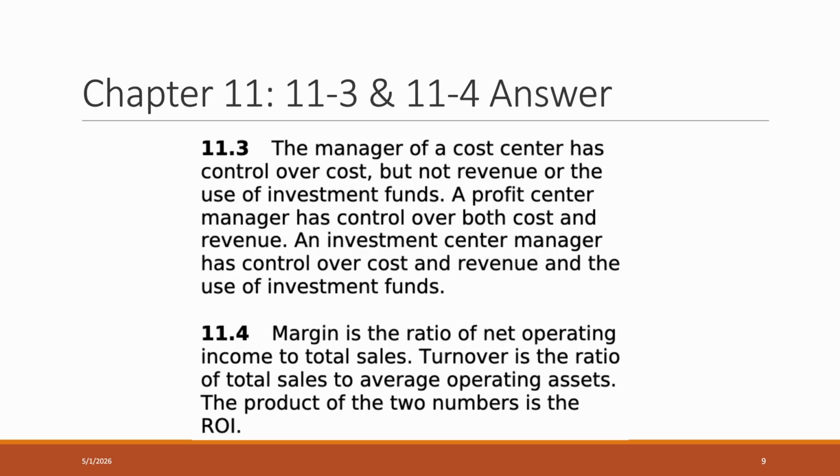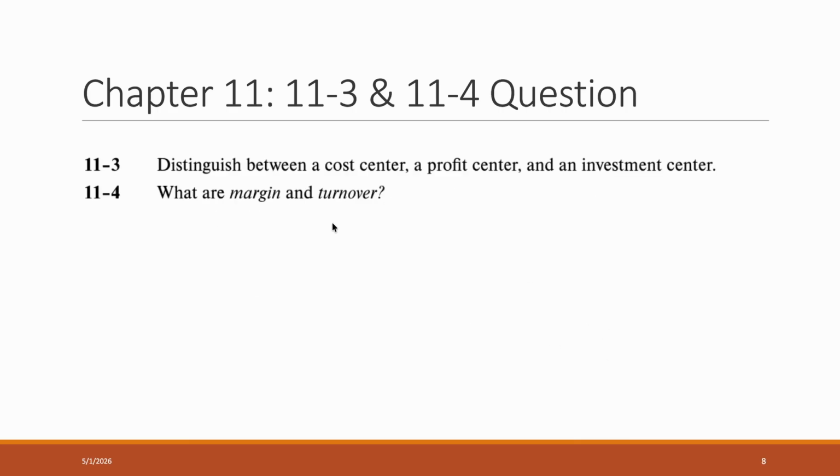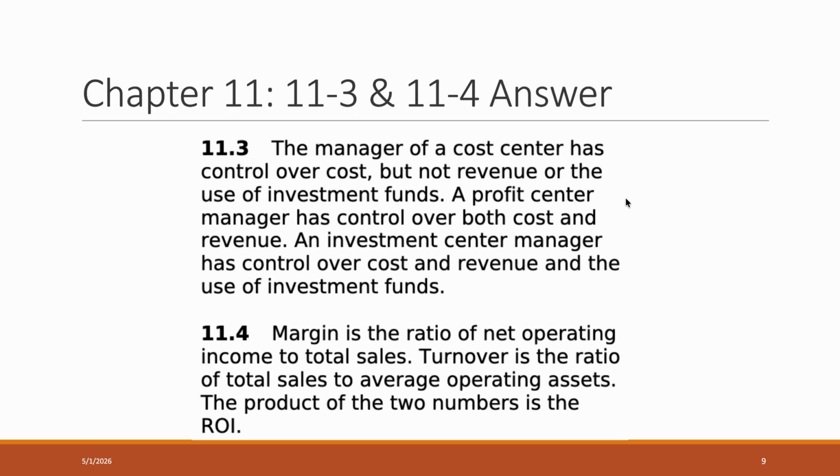So the answer for the difference between a cost center, profit center, and investment center: the manager of a cost center has control over cost, but not revenue or use of investment funds. A profit center manager has control over both cost and revenue. And an investment center manager has control over cost and revenue and the use of investment funds.